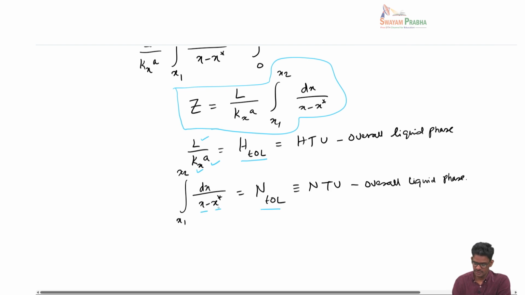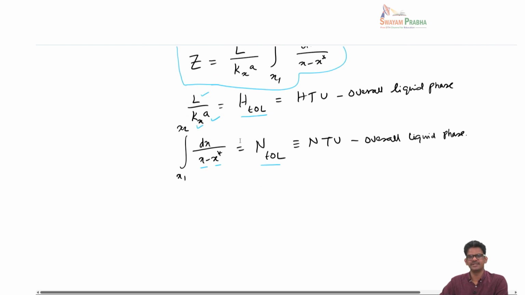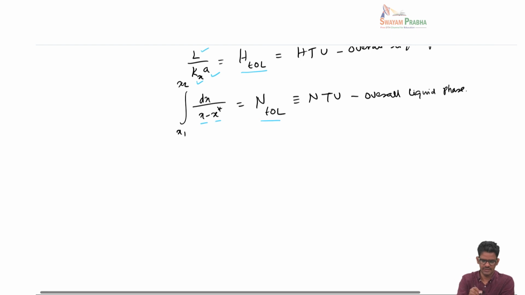And if I know about this average driving force x minus x star, I can integrate this out, I can calculate the NTOL also. Right. Now since we are talking about a dilute mixture, this integral can be analytically done, which is what we are going to do now. So our calculation of NTOL.